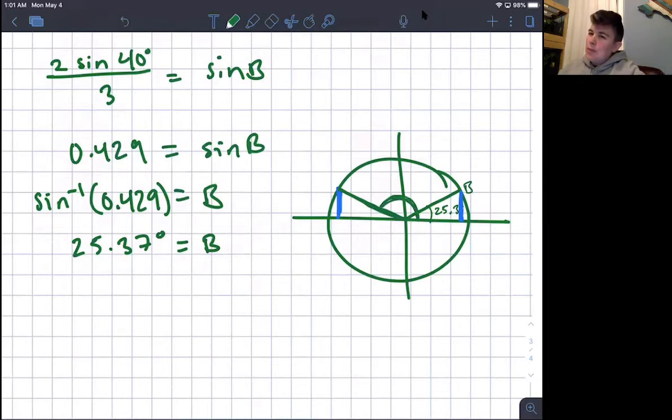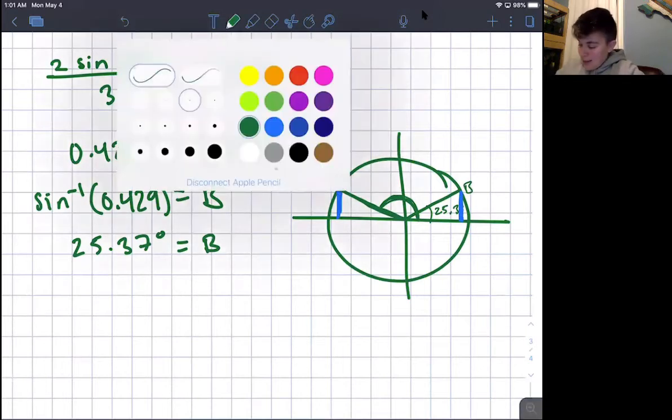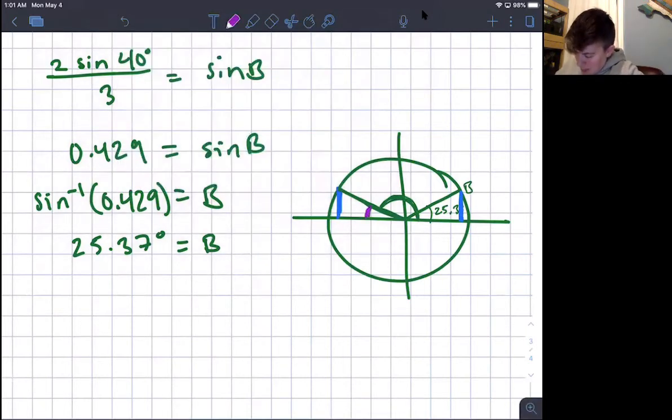We've talked about this a little bit before, way back in the day. What I know for a fact is that this angle is 25.37 degrees. So to find this whole angle, I'm just going to say, okay, 180 minus 25.37 degrees is, calculator please, 154.63 degrees.